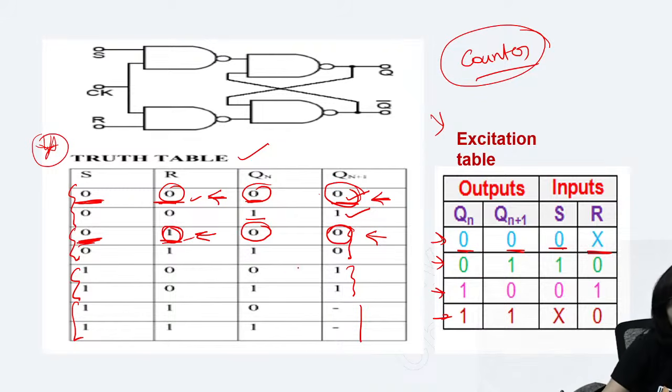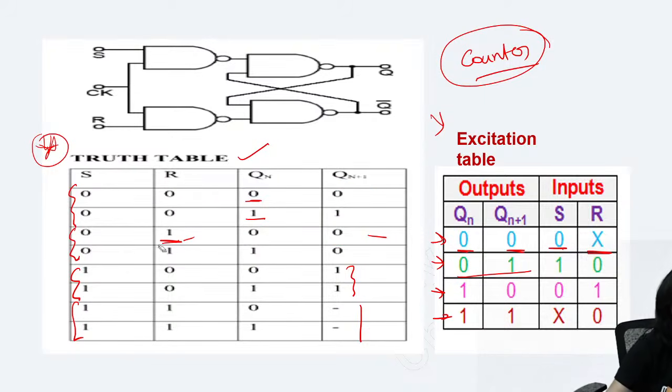Same way, whenever you are taking 0 1, how to do that? For the 0 1, you can check here. How is the 0 1 working? Here you can see 0 1.